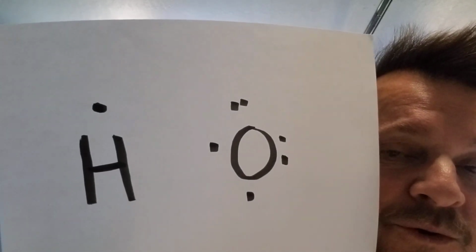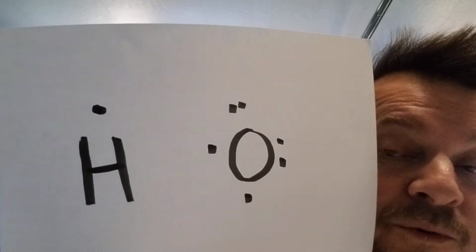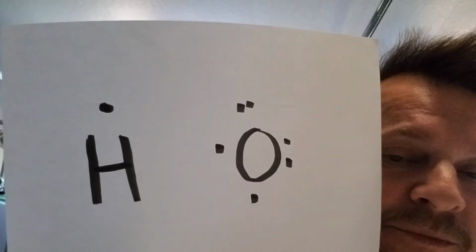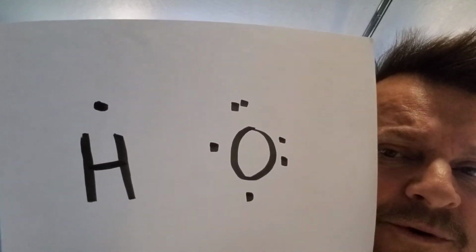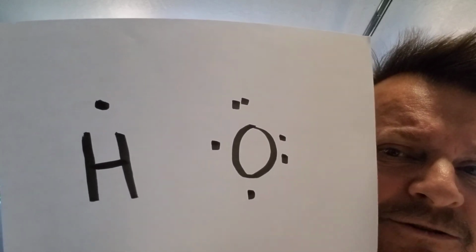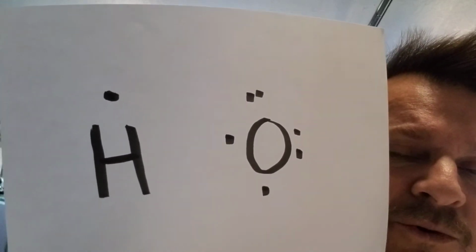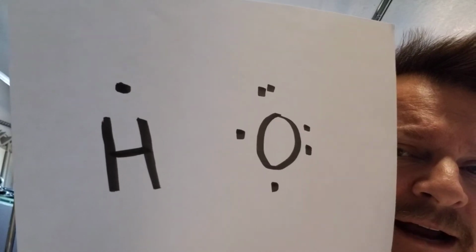They only have one shell with 2 when it's full, right? But the other ones have 8 till you get to the bigger numbers, okay? So how are we going to make it so that there's 8 electrons for oxygen and 2 electrons for hydrogen?